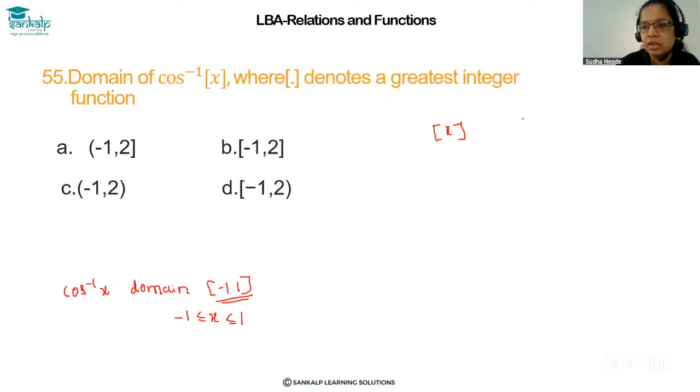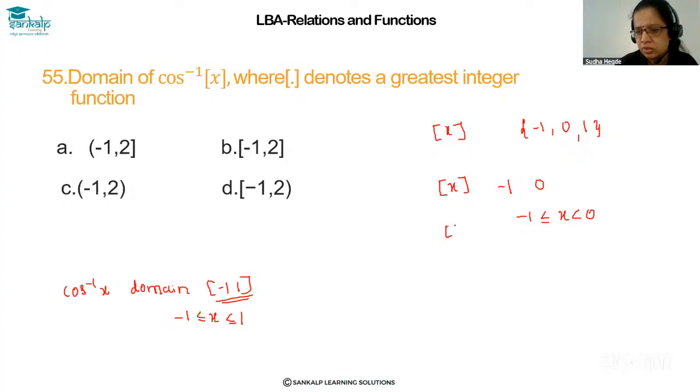In this interval the greatest integer value will be -1, 0, 1, because the greatest integer of x is defined like this: for -1 less than or equal to x less than 0, the greatest integer of x, always taking the lower limit, will be -1.